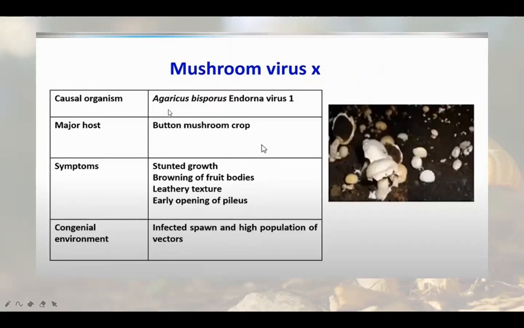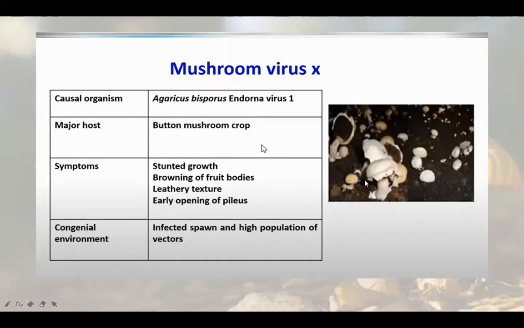The causal organism here is Agaricus bisporus virus type 1. This is the virus type. Which crop is it affecting? The button mushroom crop. And what are the symptoms? Stunted growth, meaning the mushroom will not attain full size.